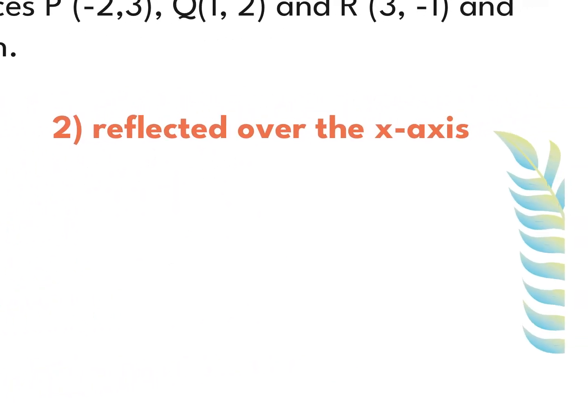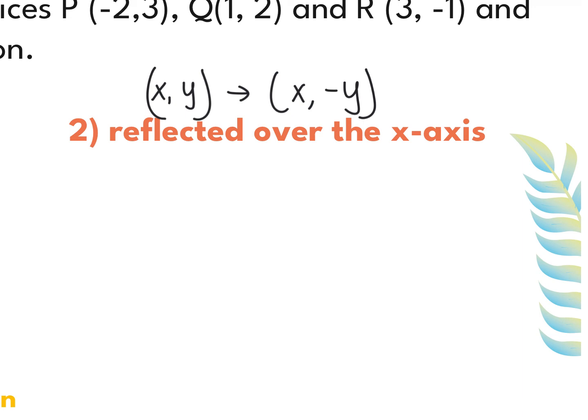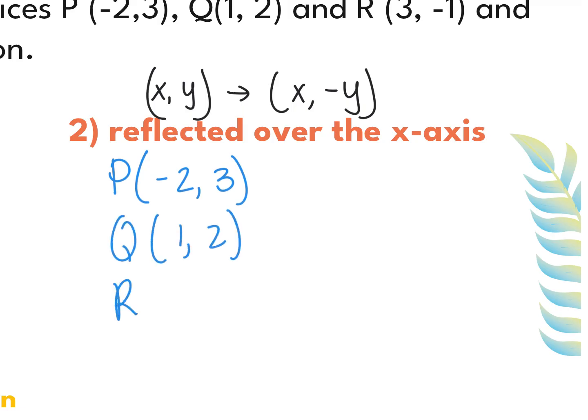Alright, going to 2, reflection over the x-axis. For that, you have to remember the rule. If it's reflecting over the x-axis, you're going to keep the same x and y, but you're changing the sign of your y. So using what they gave us, P, which is (-2, 3), Q, which is (1, 2), and R, which is (3, -1).